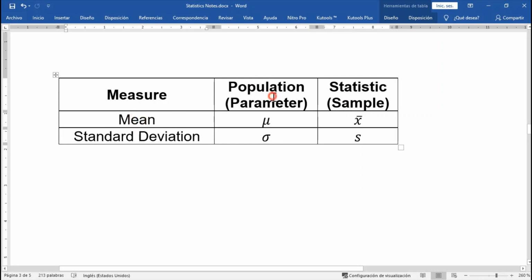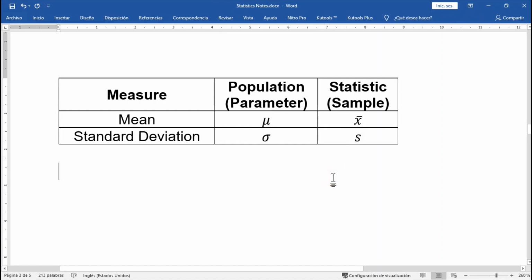So for the mean, for the population, we use mu, and for the mean of the sample, we use x bar as we did before. And the standard deviation for the population, we use the symbol sigma. And for the sample, we use the symbol s.